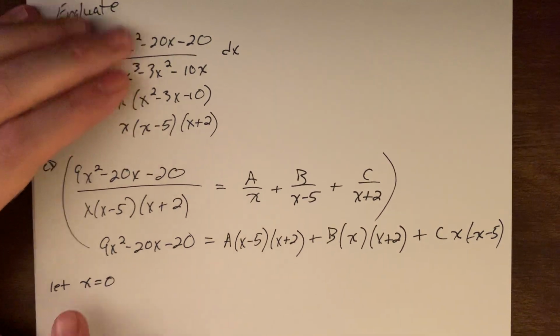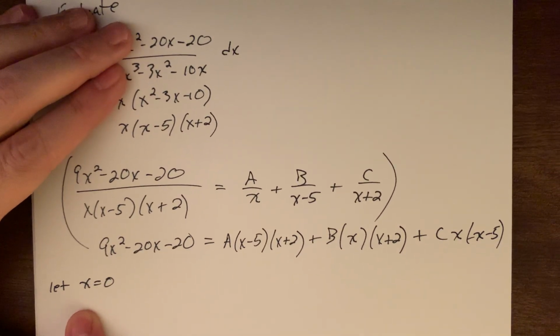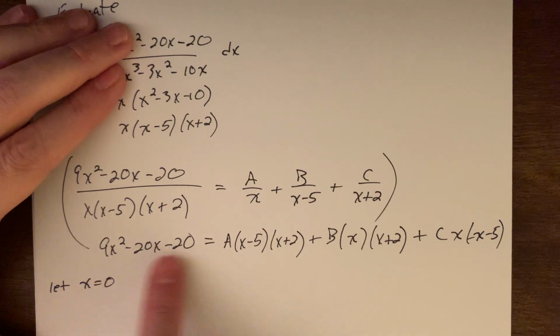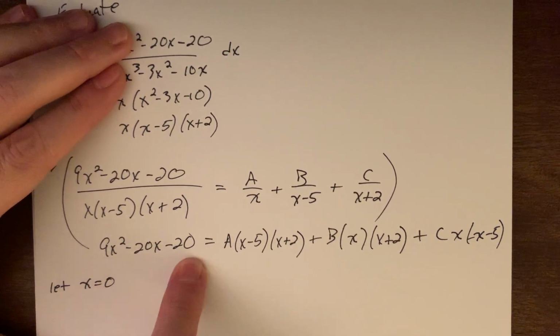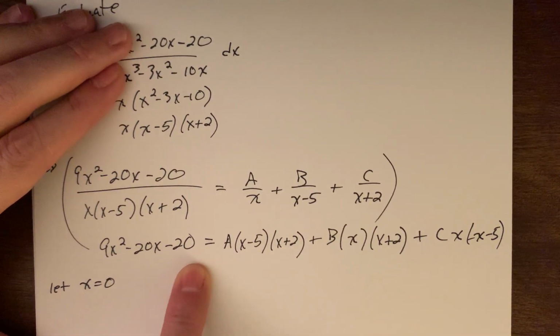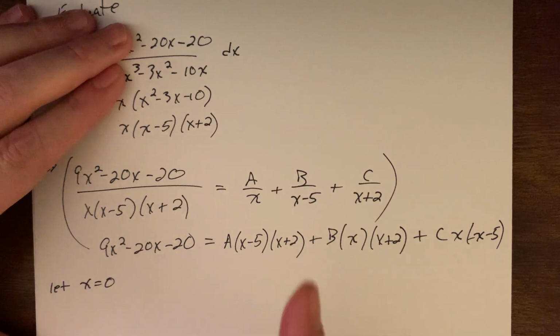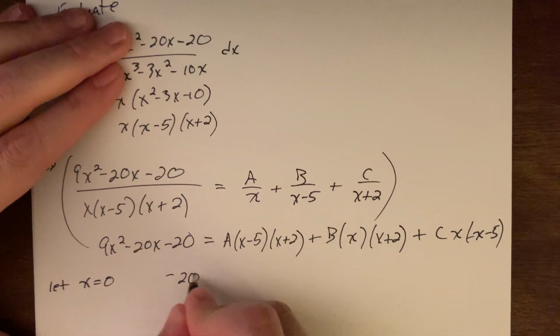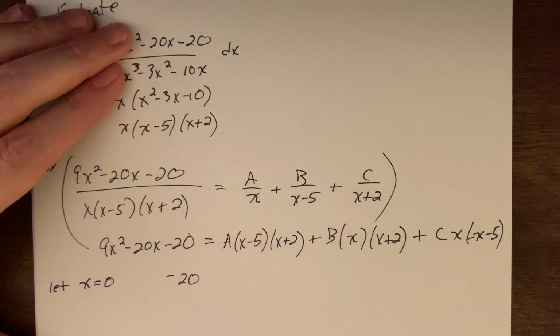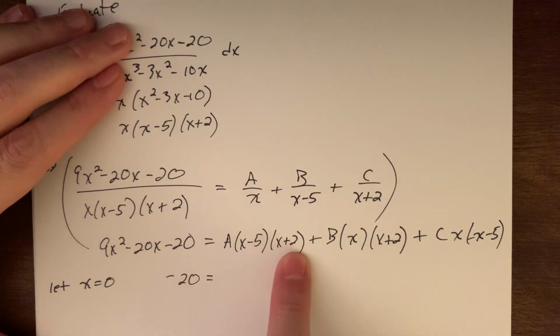Let x equal 0. By letting x equal 0, I plug it in on the left side as well. Now we actually have x's on this side. So 9 times 0 squared minus 20 times 0 minus 20 is all just 0 minus 0 minus 20. Equals, plug 0 in over here.